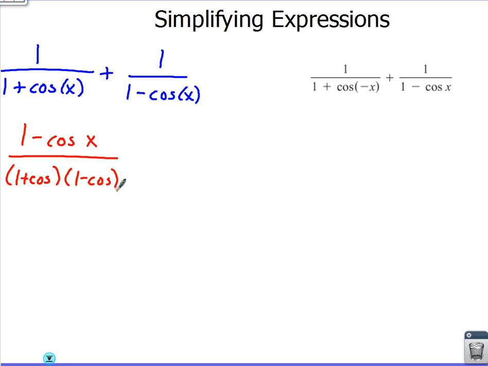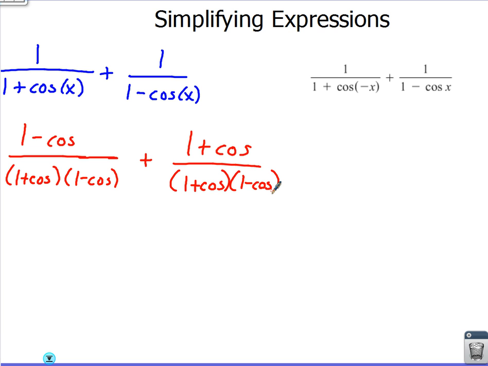I'm going to go ahead and dump those x's. Less writing. There we go. Any questions there? Plus, I'm multiplying top and bottom by 1 plus cosine x, so now I have 1 plus cosine x over 1 plus cosine, 1 minus cosine.